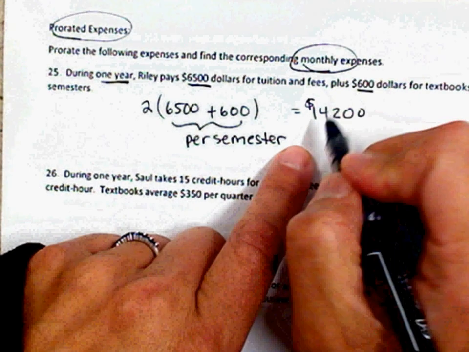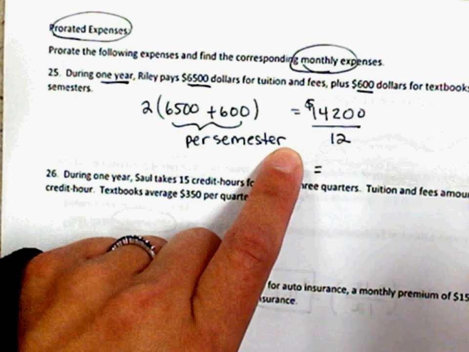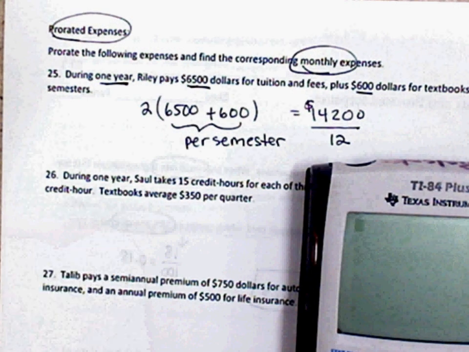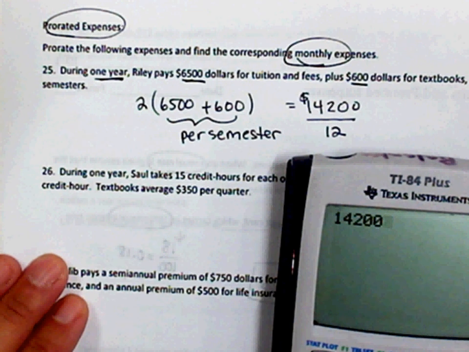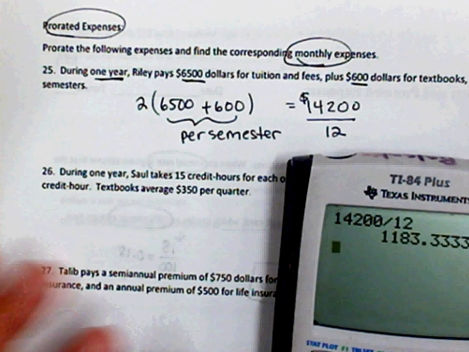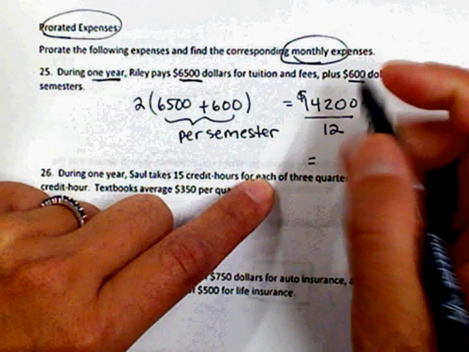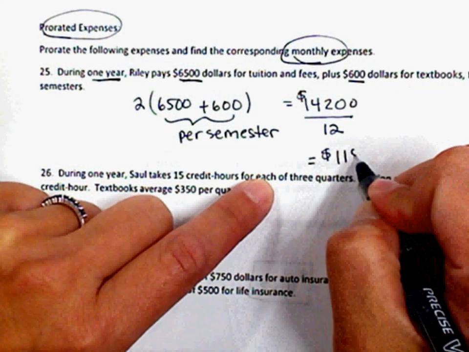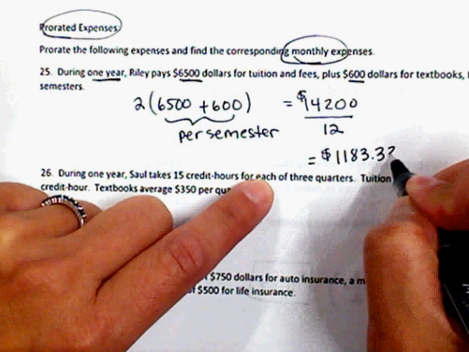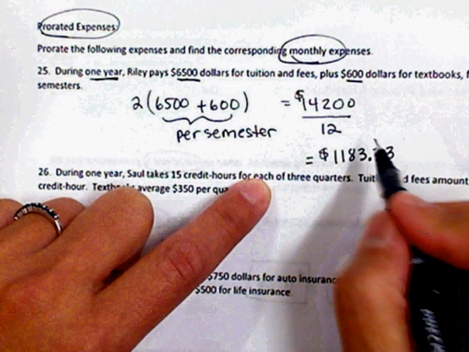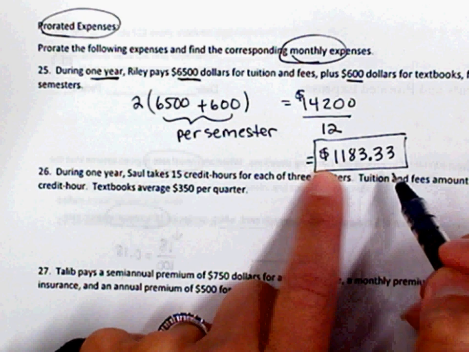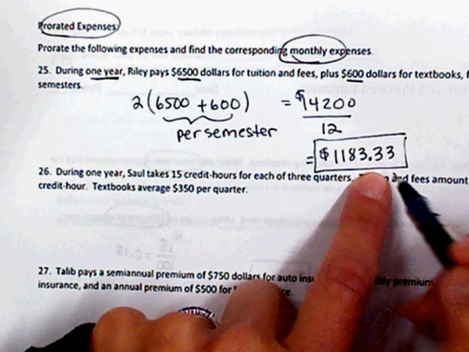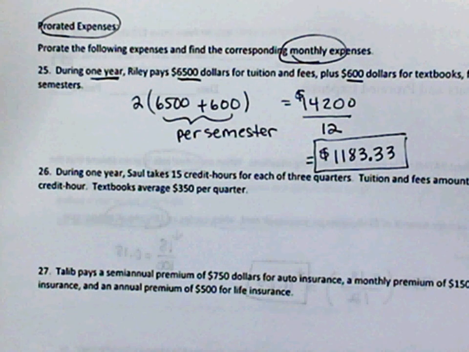Divide that by 12. Very good. So I divide it, oops, I didn't mean to put that. 14,200 divided by 12, so how much is Riley paying for each month? $1,183.33. Okay? Reminder, dollar sign goes up front, and dollar has 2 decimal places. Any questions so far? Yes.